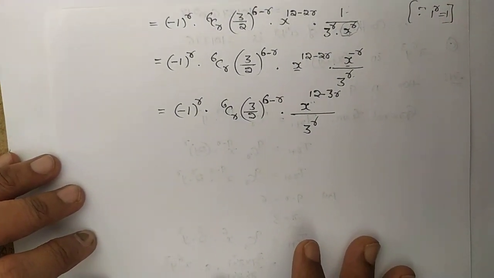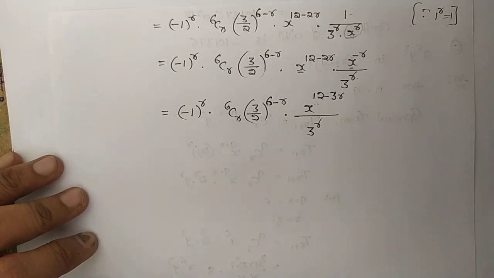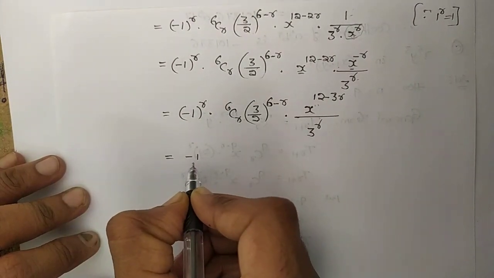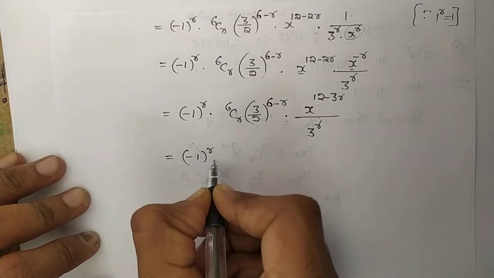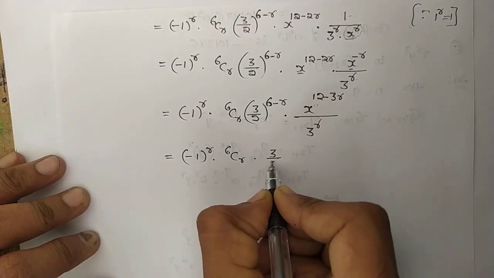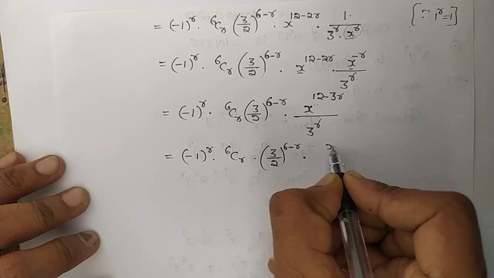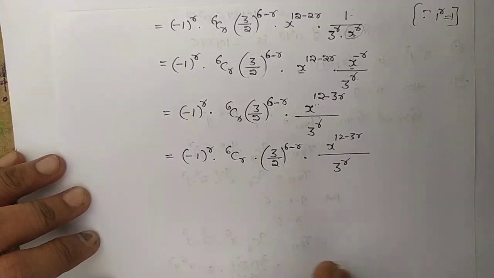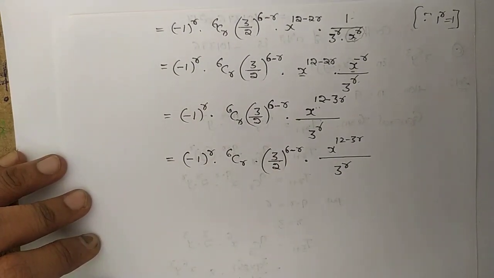So it is only simplification, kindly do not confuse. Here I am just using the laws of exponents. That is equals to minus 1 whole power r into 6cr into 3 by 2 whole power 6 minus r into x power 12 minus 3r divided by 3 power r. I have just written the same step, no need to write this step.